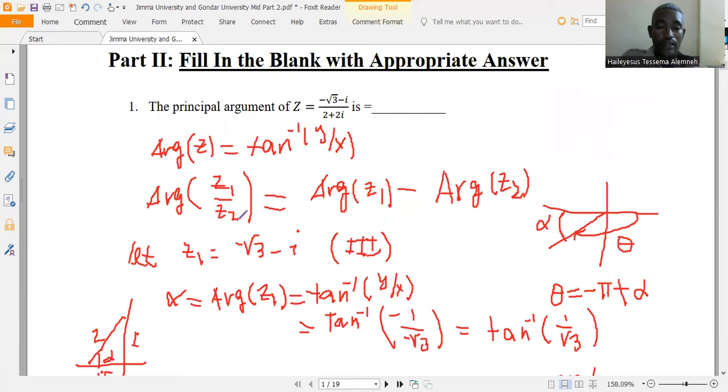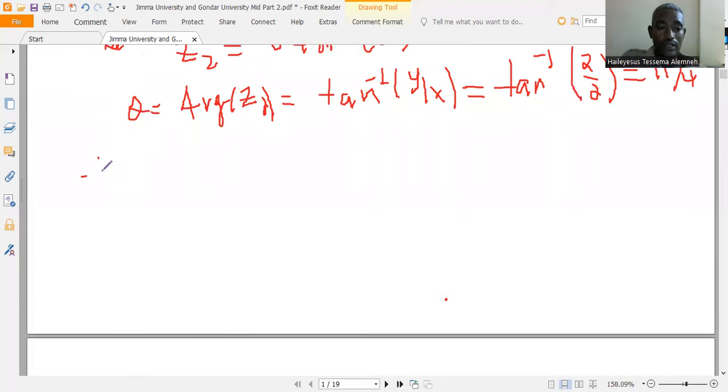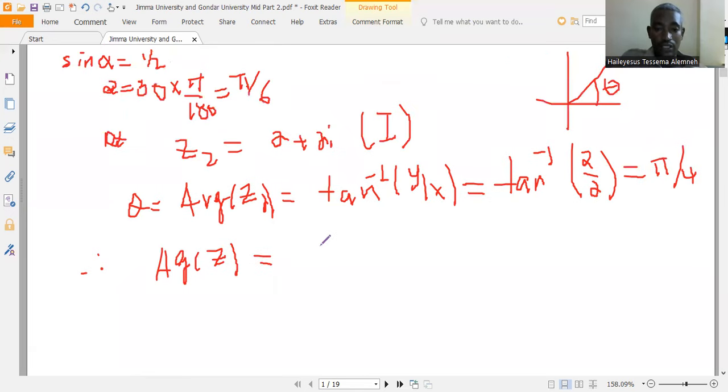The argument of z1 over z2 is equal to the argument of z1 minus the argument of z2. Therefore the argument of z is minus 5 pi over 6 minus pi over 4.